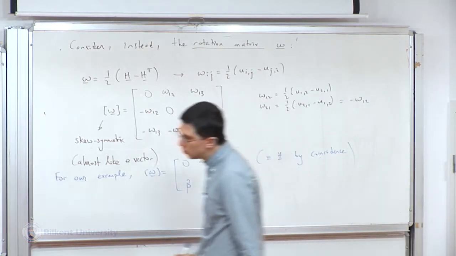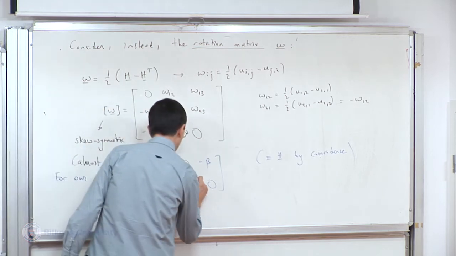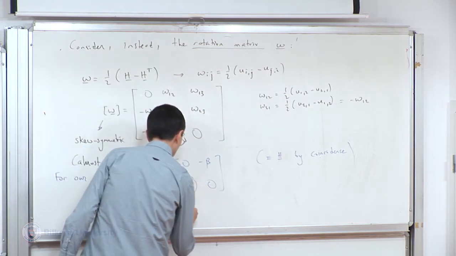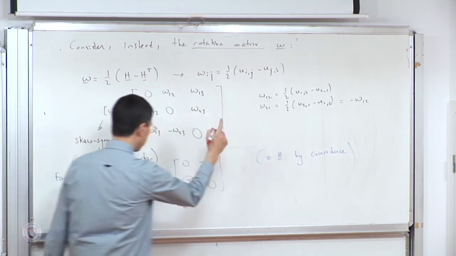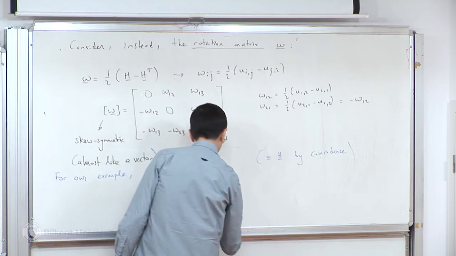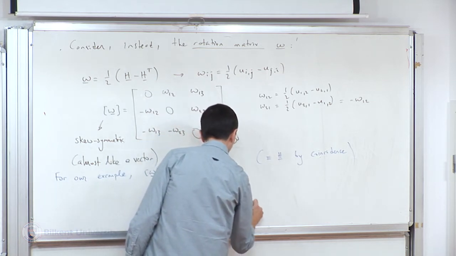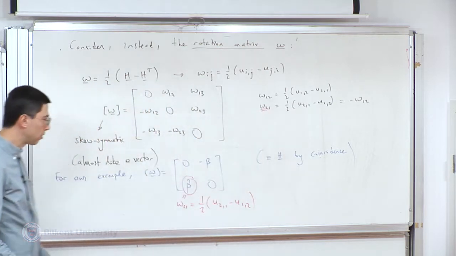What I would like to note at this point is this entry, omega 2,1. And omega 2,1 is equal to 1/2 (u2,1 minus u1,2). Okay? That's omega 2,1.